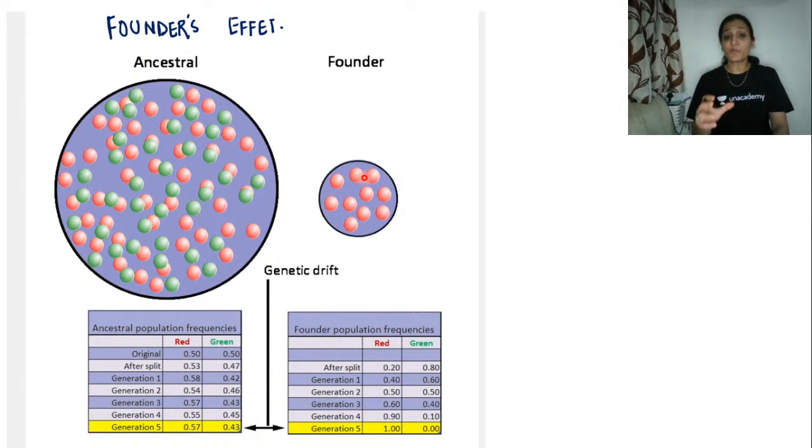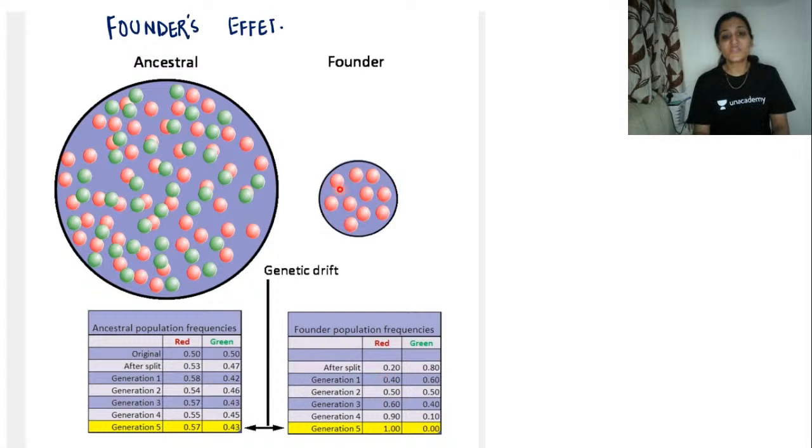And in the founder population, which actually moved to some other place, there were major changes. Initially, after the split, the red were quite less and green were quite high in the original population. In generation one, red improved in number and green went down, because some of them had the green allele in their genes, but it was not exhibiting.